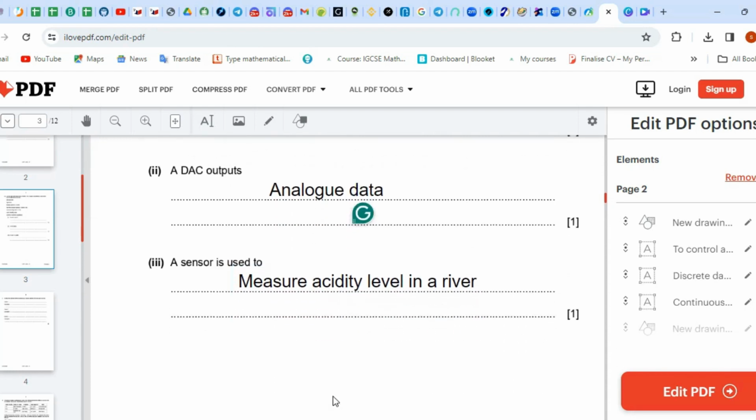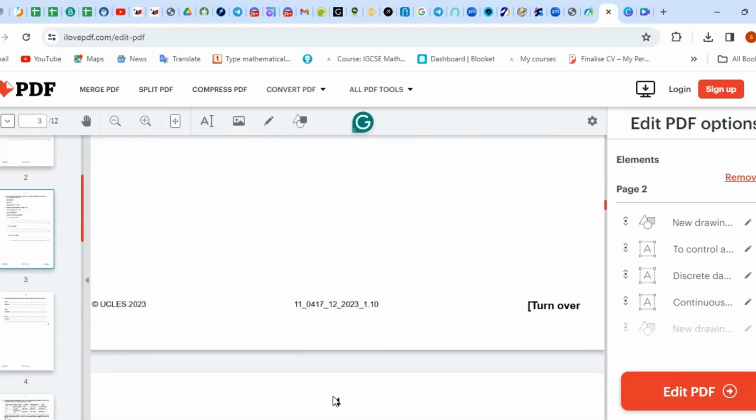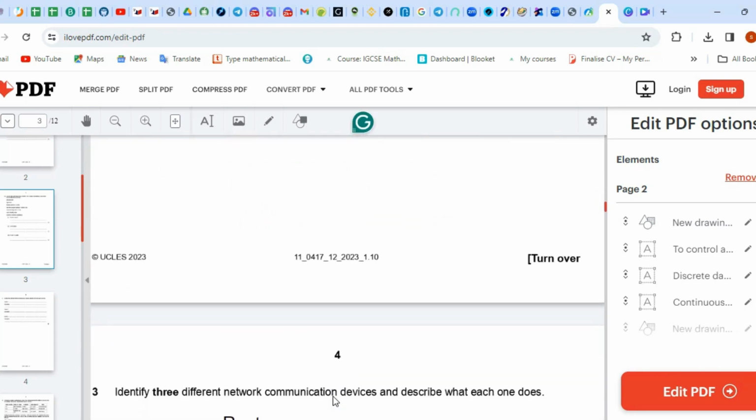All right? So let's move on to the next question. The next question says, identify 3 different network communication devices and describe what each does. In our class yesterday, when we were answering the paper theory 1, there was a question that asked us to compare and contrast 2 different devices.